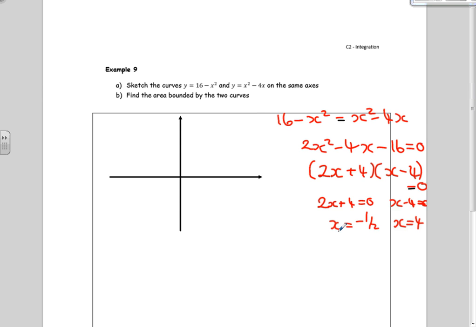And of course, when x equals minus 2, y would be equal to 16 minus 4, which equals 12. And when x equals 4, y would be equal to 0.